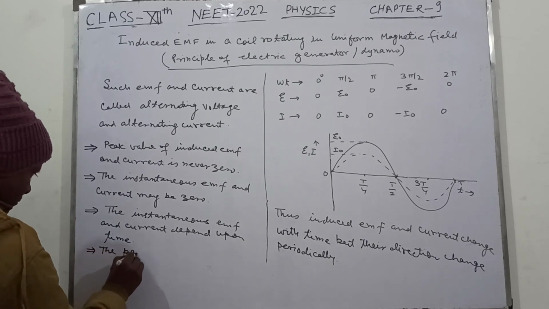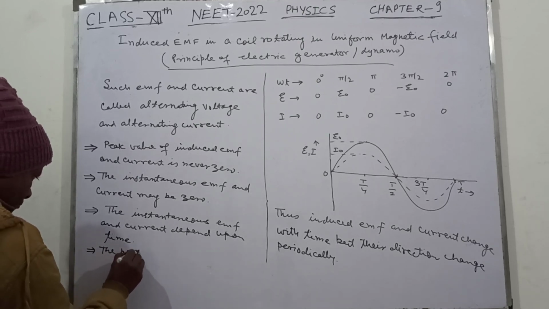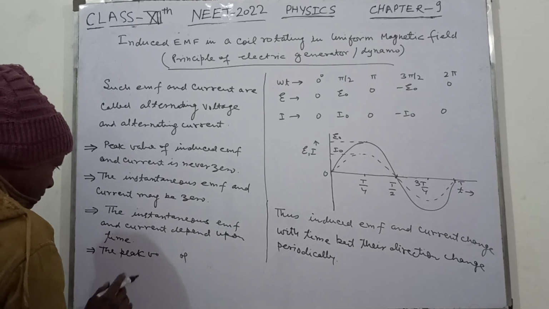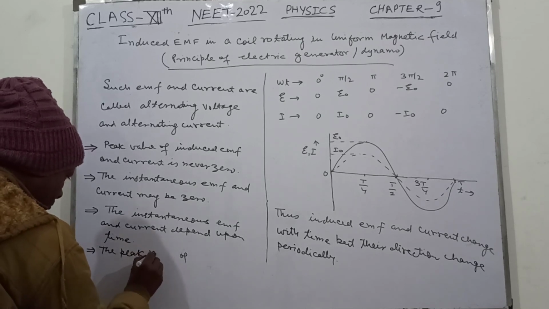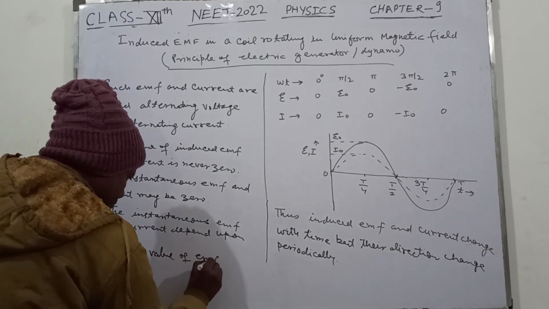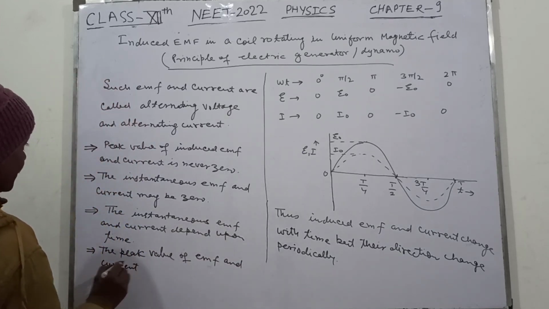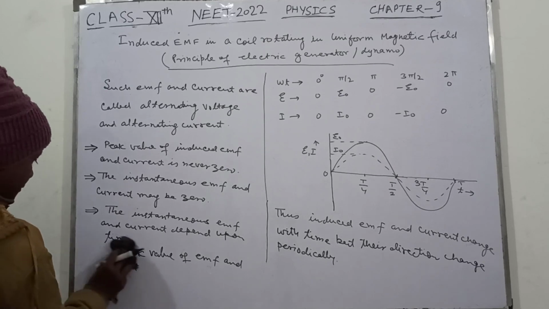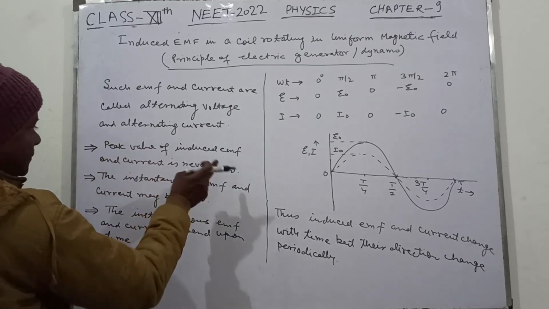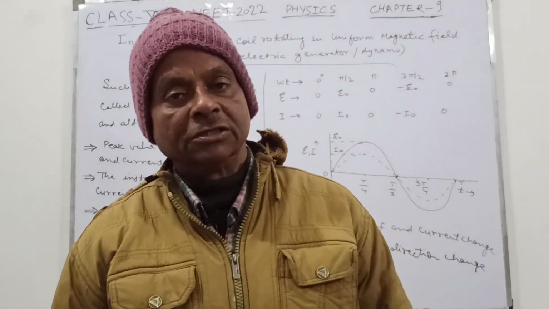The peak value of EMF and current, as I have written here, is never zero. So this is about the principle of the generator or the dynamo.